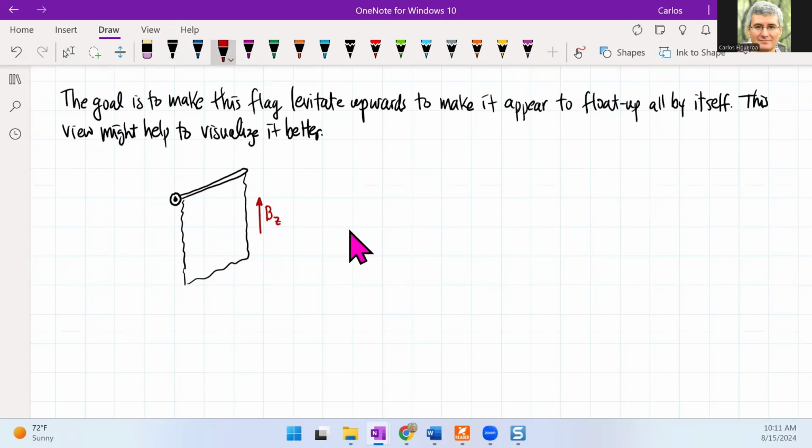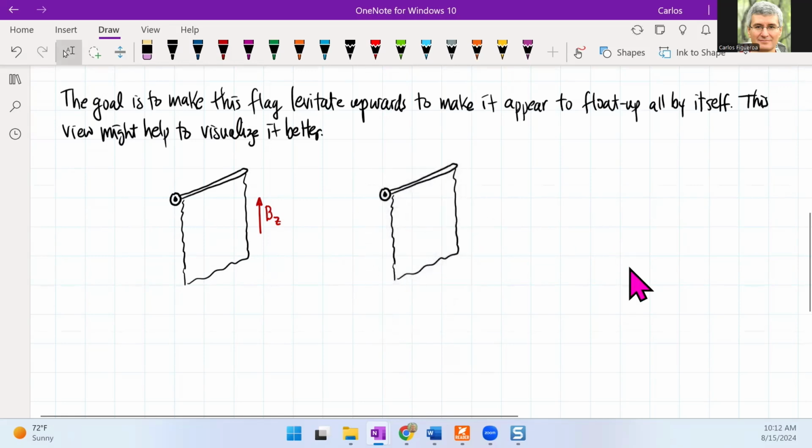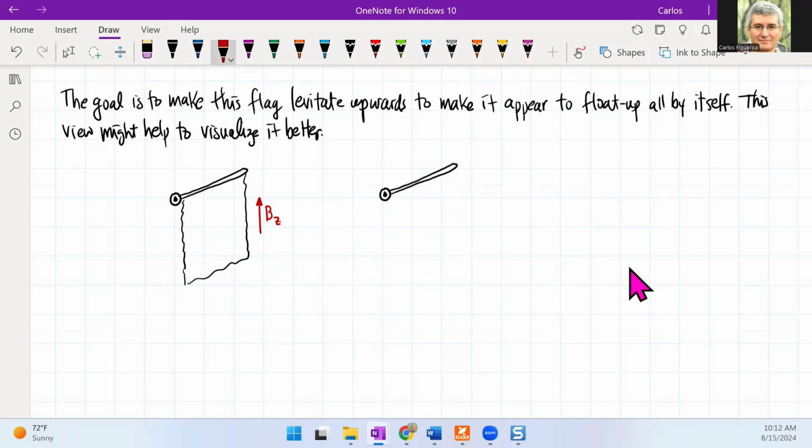So now I'm going to wire this with the loop current. Let's say, just to get the same type of scaling correctly, I imagine this angle right here is the vertical that we're going to measure. And so now the flag here is going to come down something like this. It's going to sort of float up, levitate.